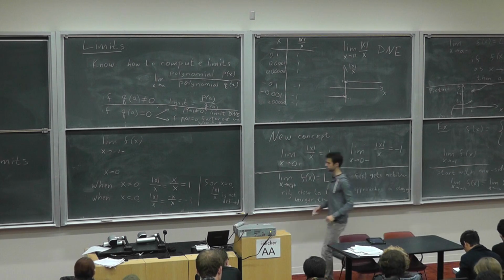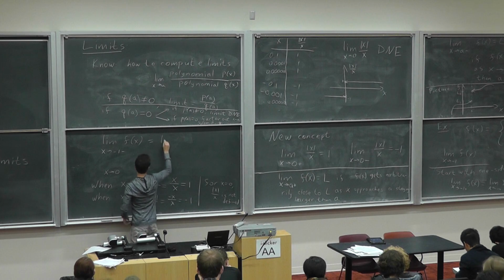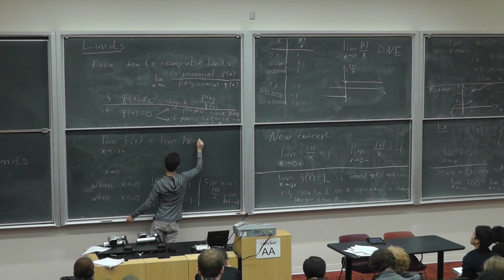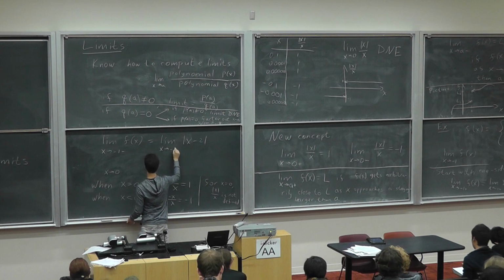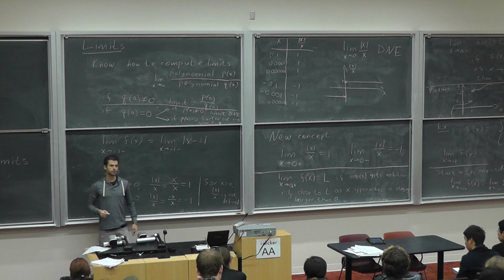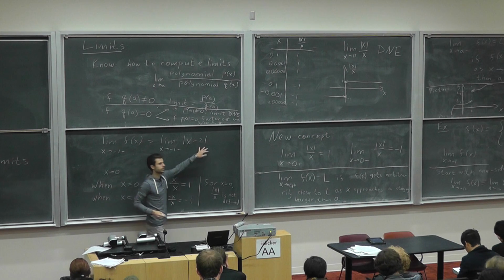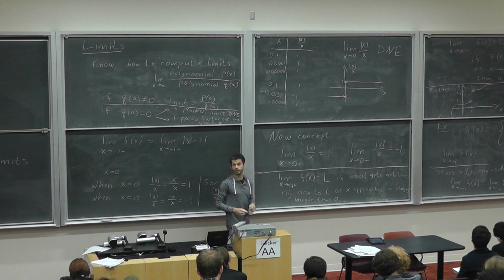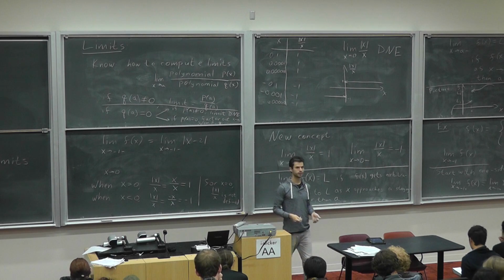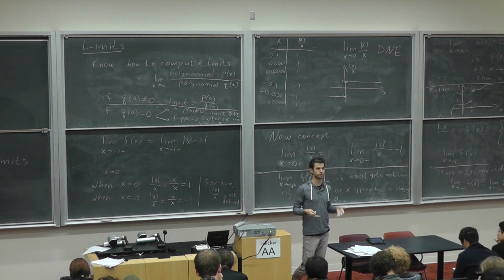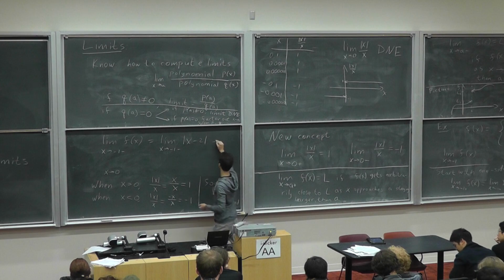So the function is absolute value of x minus 2. Now what about this limit? When x is close to -1, x minus 2 is going to be close to -3, and then the absolute value of this is going to be close to 3.